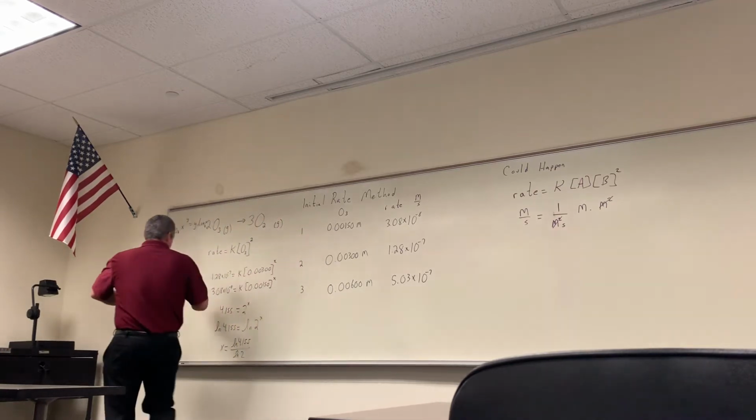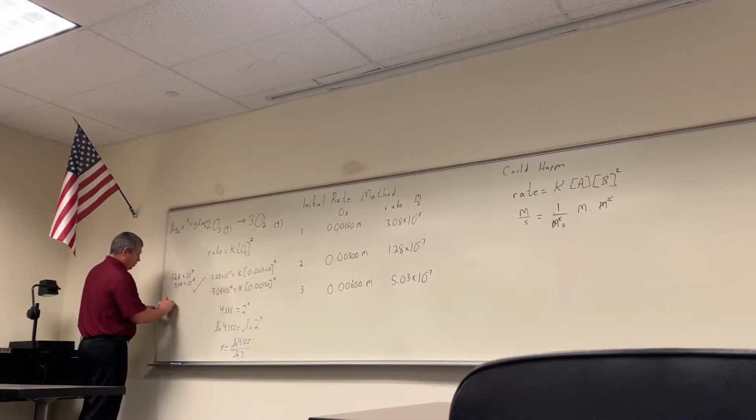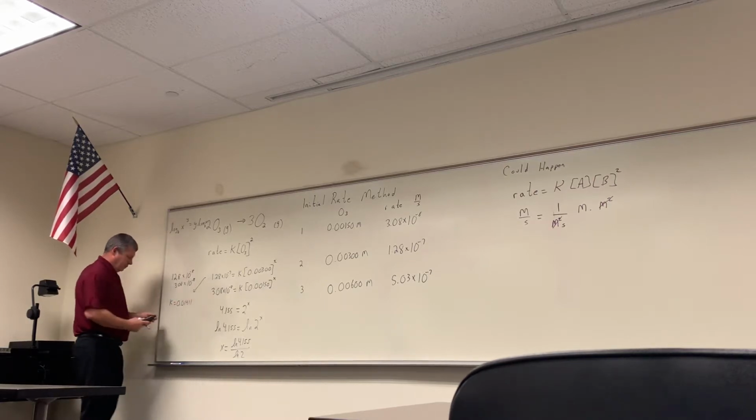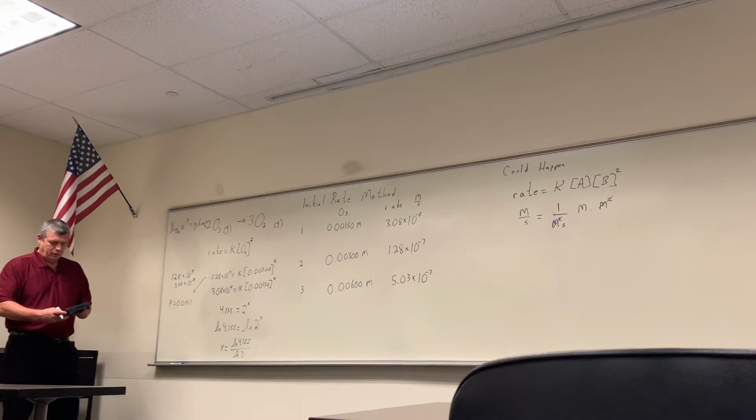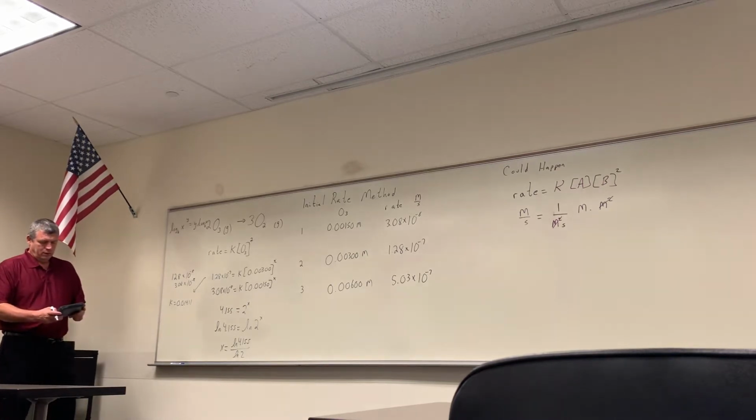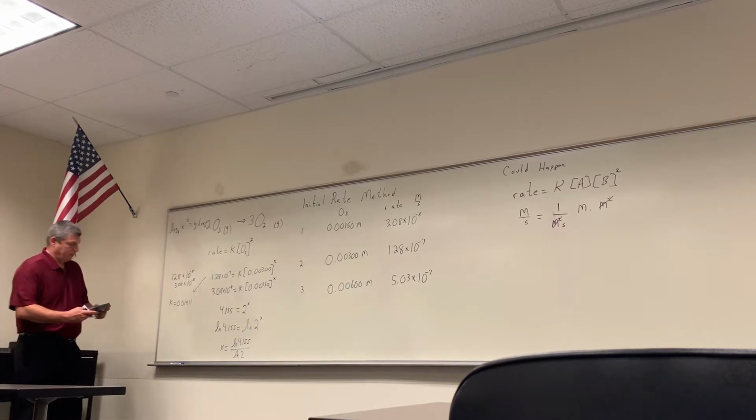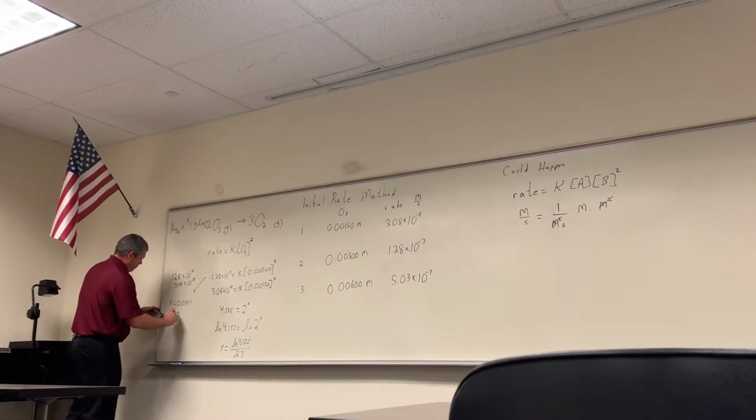And when I did this one, k was 0.01411 repeating. I'll do the next one just to see what we get. 3.08 to the -8th divided by 0.0015 squared. I get k is 0.013688.